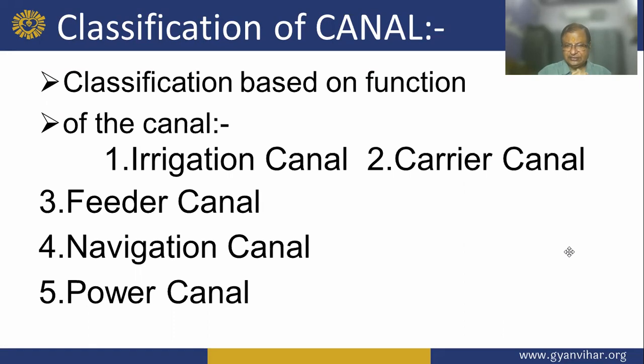Irrigation canal means that type of canal is giving irrigation to the farmer. And carrier means it plays the role of a carrier. So irrigation and carrier canal. Next, feeder canal, navigation canal, and power channel.